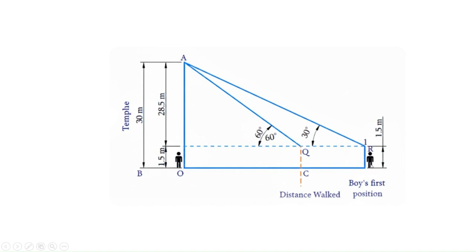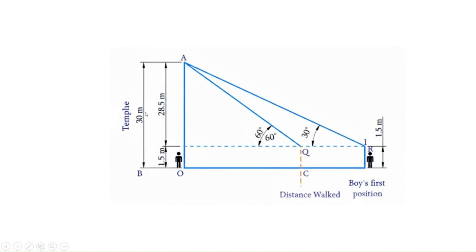So at the initial position, the boy has an angle of elevation of 30 degrees, and after walking certain distance that we are going to find out, the boy has the angle of elevation of 60 degrees, right?